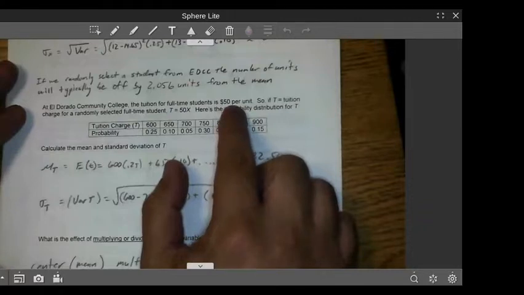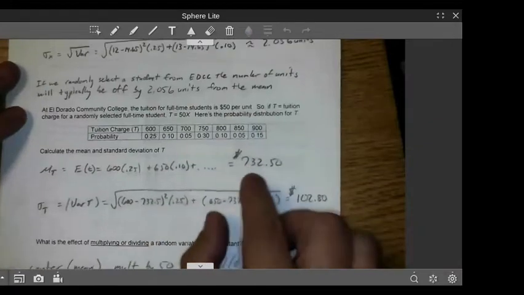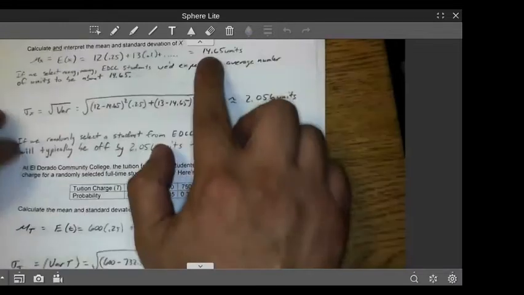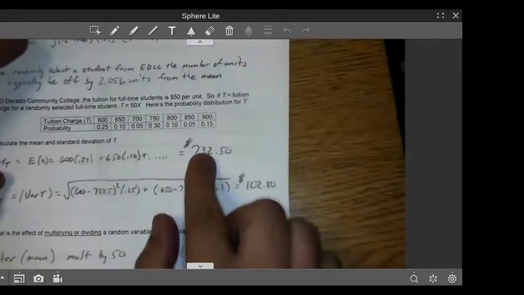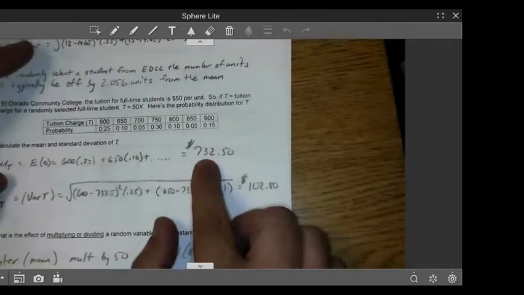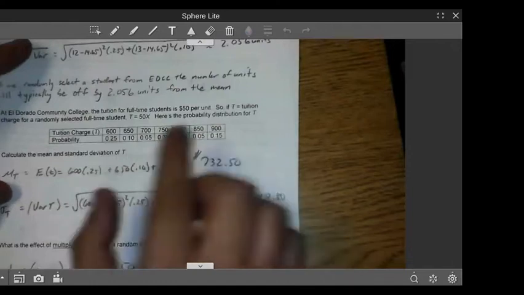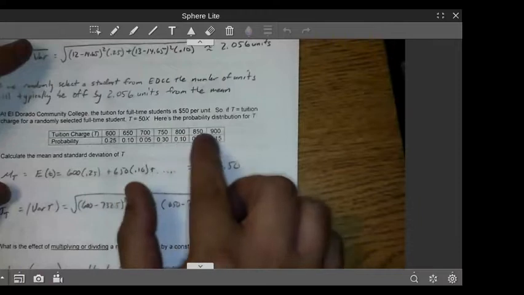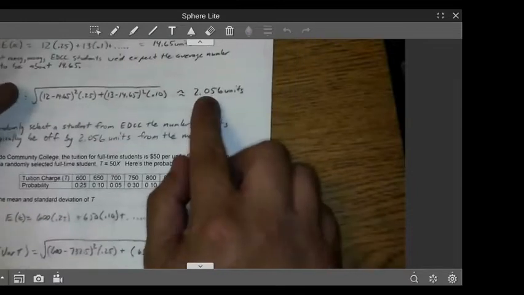So then what happens? The standard deviation is now these values, but don't forget, we could have taken this average, 14.65 times 50, and gotten this number right here. If we take a multiplier times every piece of data in our table, it will multiply the mean, and it will also multiply the standard deviation by 50.